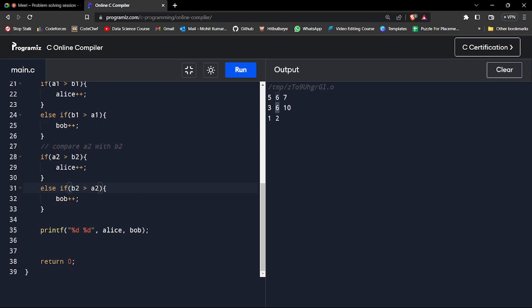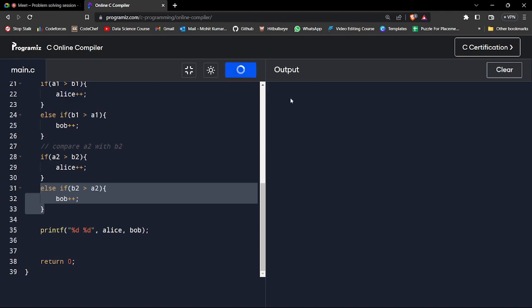Why did we do this? Because if the values are the same, then this if condition is not executed, but this else part was getting executed, and by this way we were getting the value as 2.